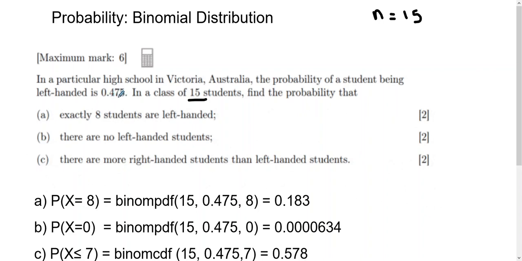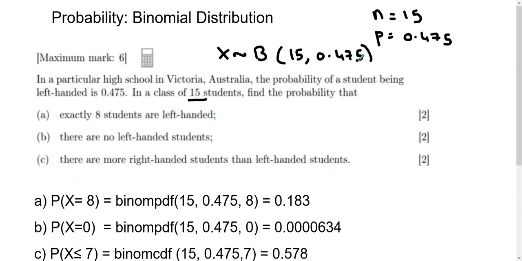So the probability of success, a person being left-handed, we'll call it p, is 0.475. Right, so in this particular case, X follows a binomial distribution with number of trials 15 and the probability of success being 0.475.